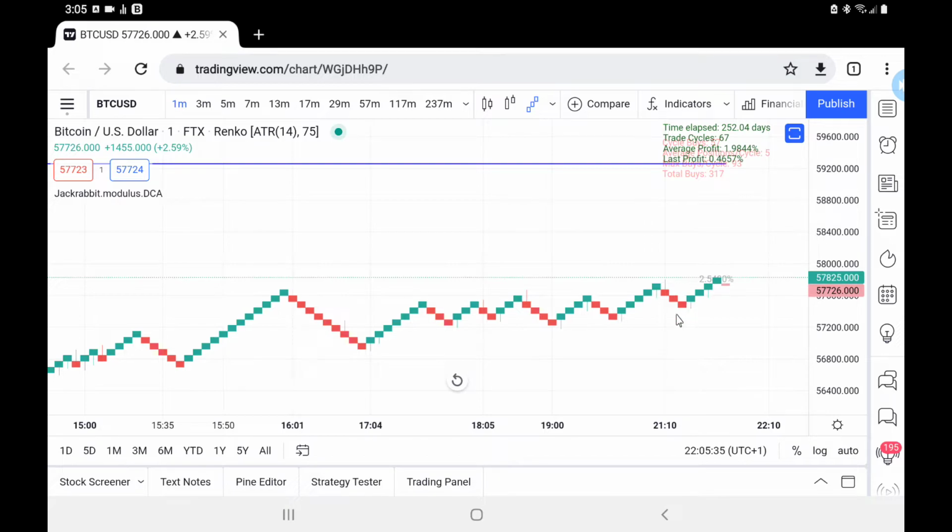Red bricks are when the price drops in equal increments from the previous brick. Green bricks are when the price goes up by an equal amount. That could be in pips, that could be in dollars, it doesn't matter. This particular one, which is the default, uses average true range to decide exactly what the size of the brick is.